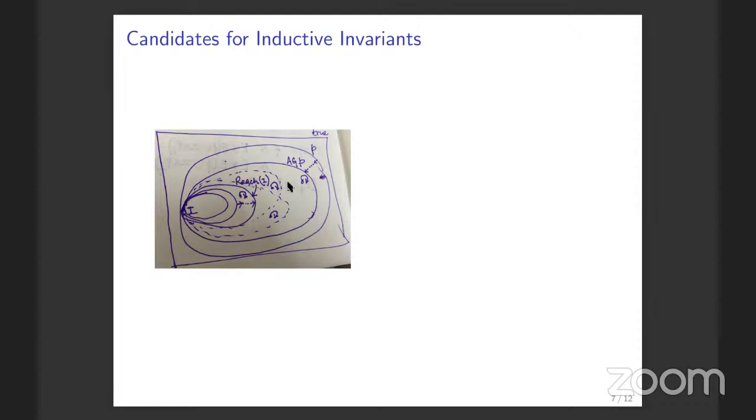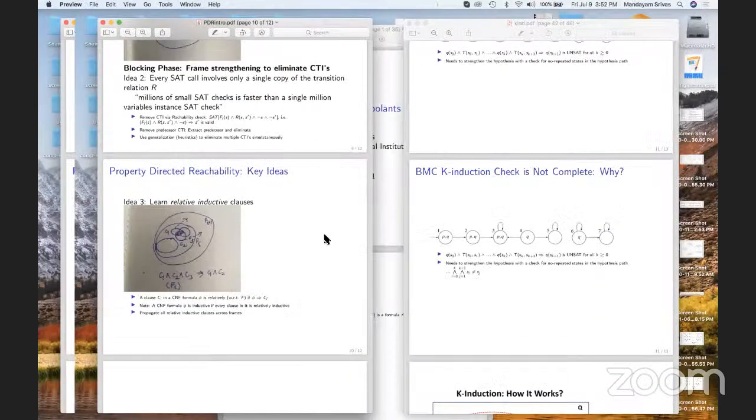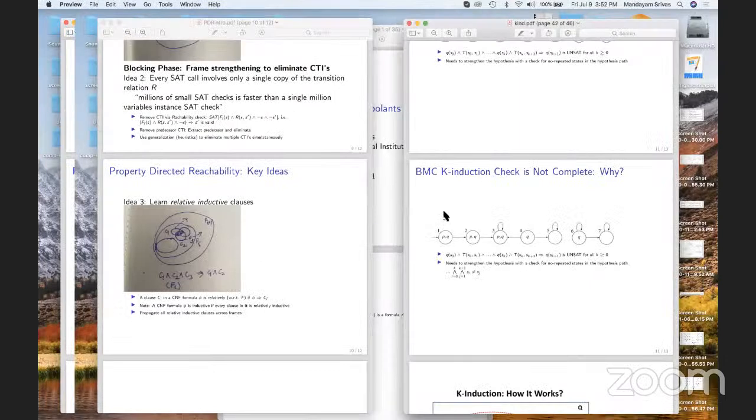That is what you're trying to exploit when you try to get to other inductive invariants. Did you get the point? Yes, sir. And that's why looking for other inductive invariants that are weaker than the strongest, which is the reachable set, may be a more efficient search.